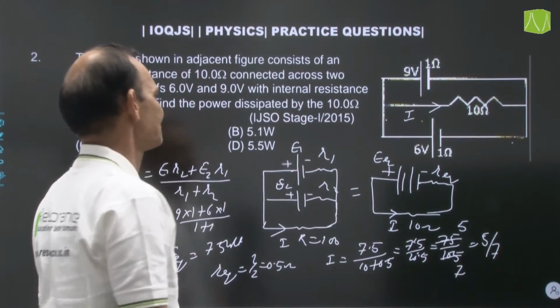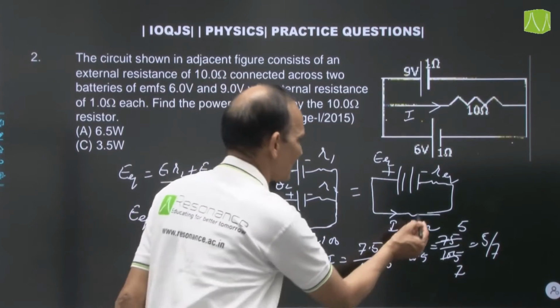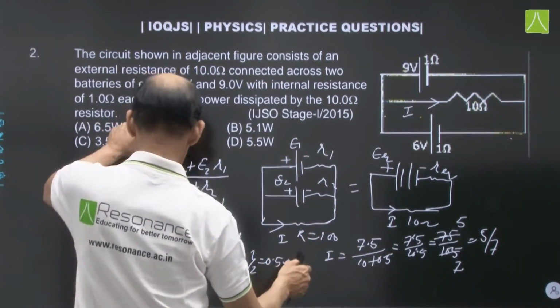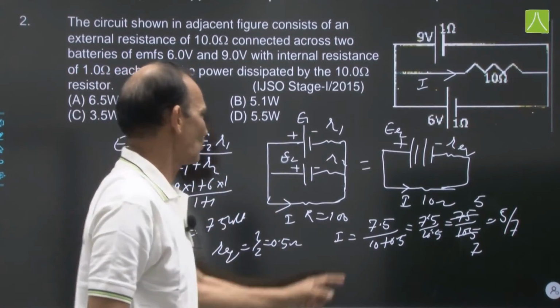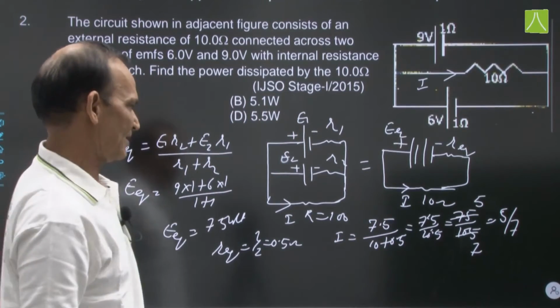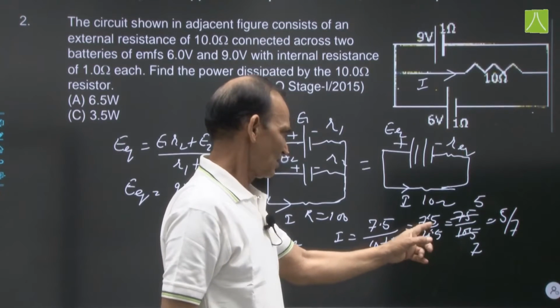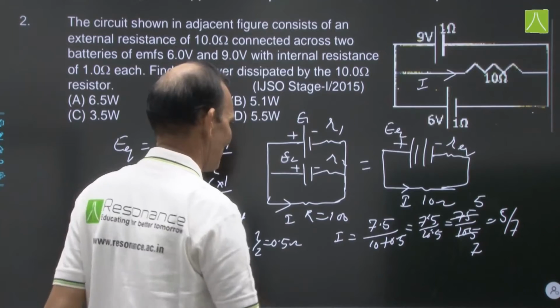It is the current. We have to find the power in 10 ohm. So how will we find it? We know current is I, resistance is 10 ohm. First of all, check whether this calculation is correct or not. 15 times 5 is 75, so 5 by 7 ampere.